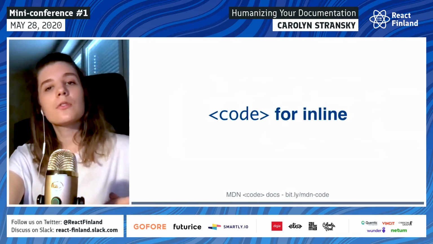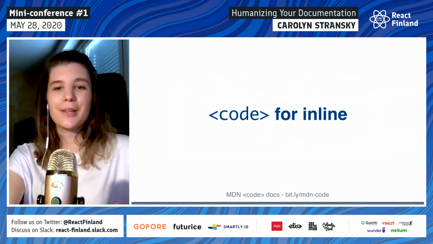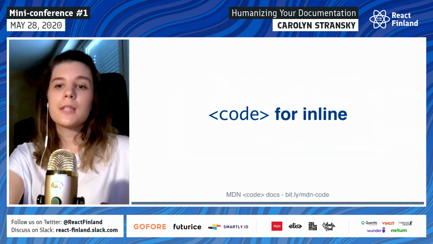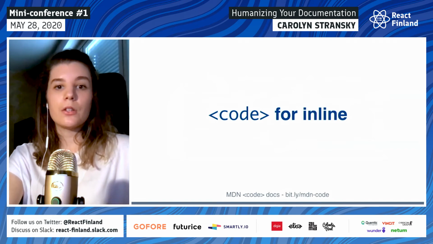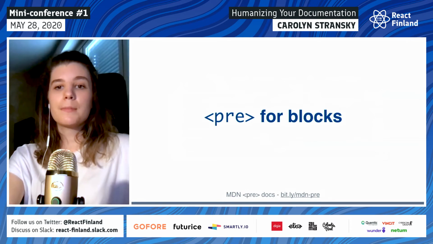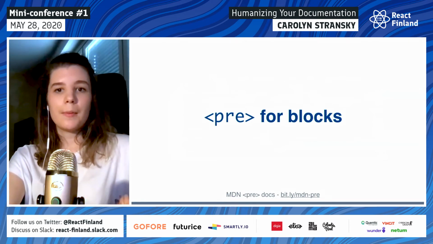As an alternative to screenshots, we can follow semantic HTML principles and use a code tag for inline code, for example, if you're mentioning a specific function name within a written sentence. Then if we want to expand into an entire block of code, we can use the pre element. That way the text is formatted exactly as it's written in the HTML file.